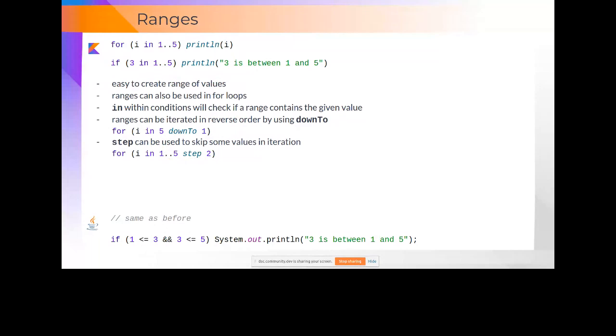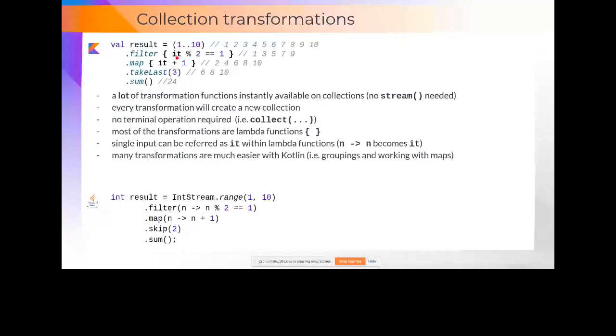In this example, you can see that we create a range from 1 to 10, and we will filter out the odd values. This is a lambda function in Kotlin. Basically, it says every item, if it's divisible by 2 and has a remainder, so that's an odd item, and it can move further for another transformation operation.